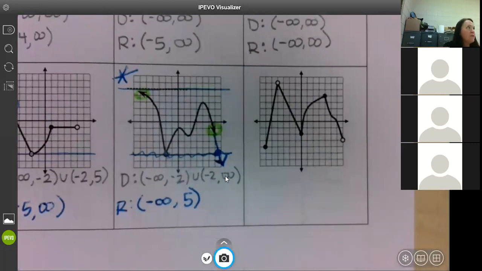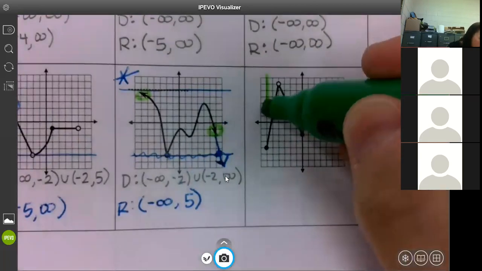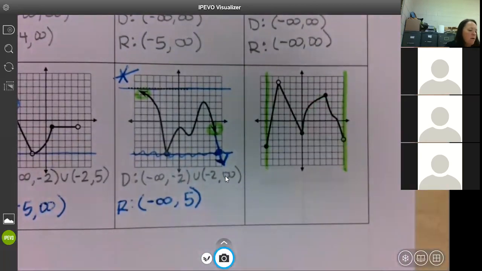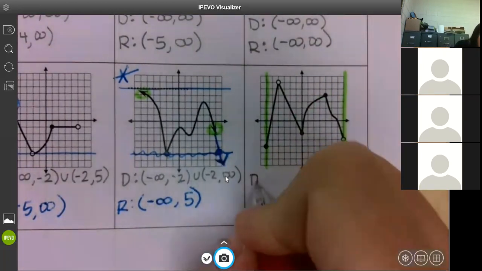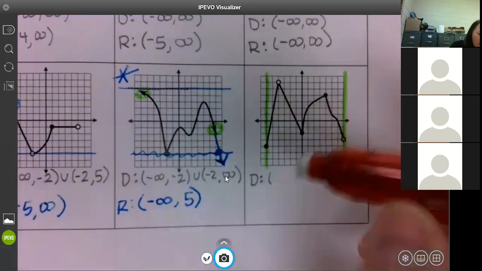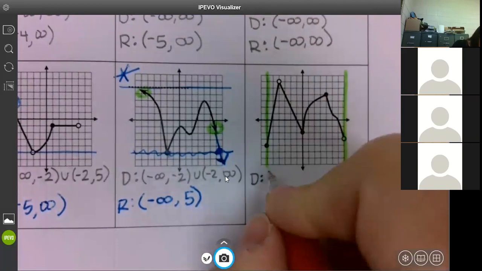So we're going to go left to right, last one. Where do we start on the left? -6. Is everybody okay with that? Sorry, it should be a bracket because it's closed.